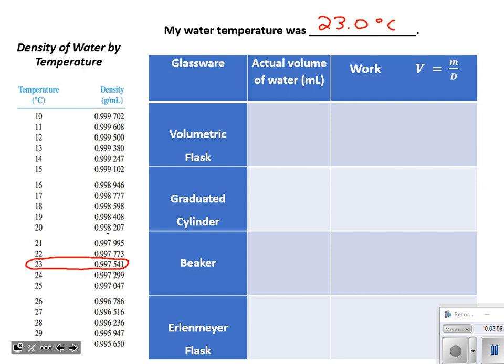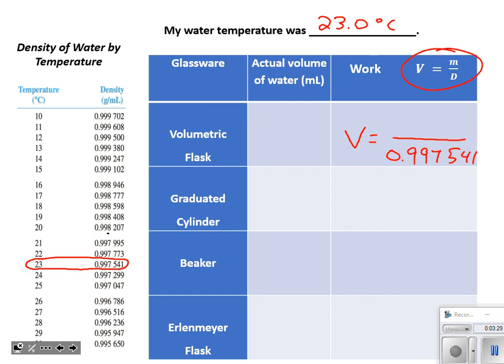Make sure somewhere you have your volume, mass, and density equations. So my volume is going to equal my mass divided by my density. I know my density for that temperature is 997.541 grams per liter.